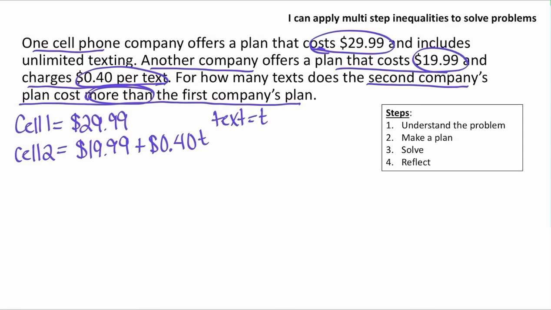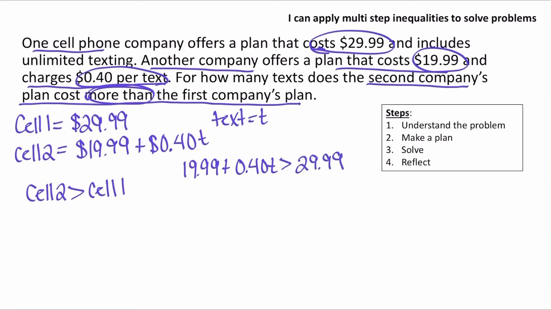Now let's think about how we're going to compare these. It wants to know for how many texts the second company, cell phone 2, costs more than the first company. So we can write an inequality: 19.99 plus 40 cents times T is greater than 29.99.